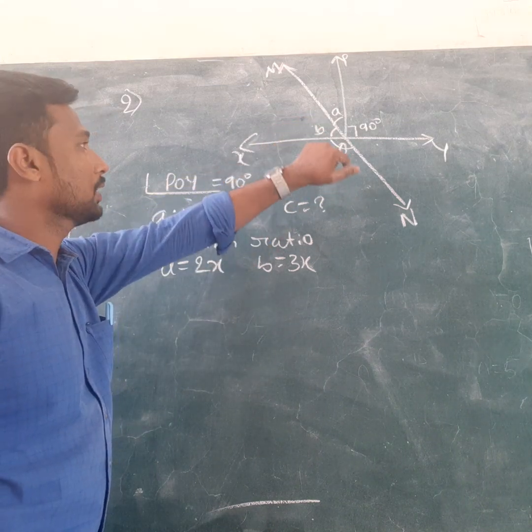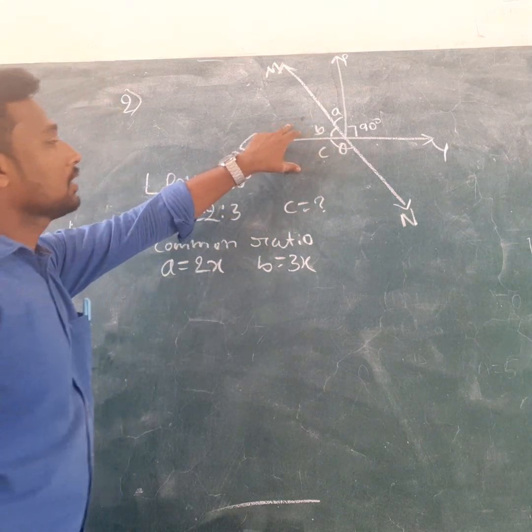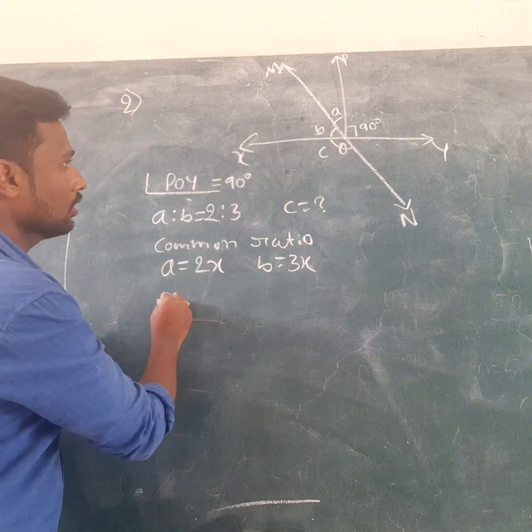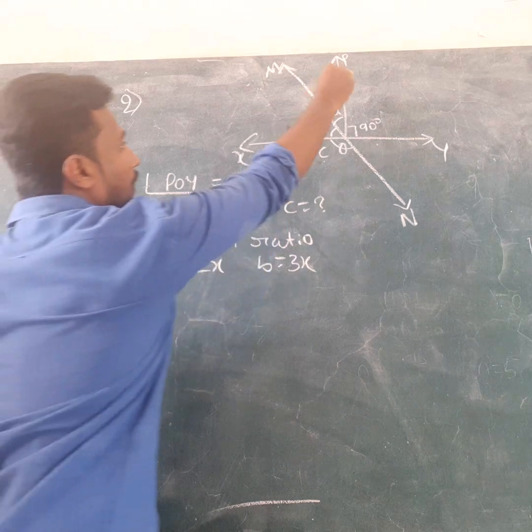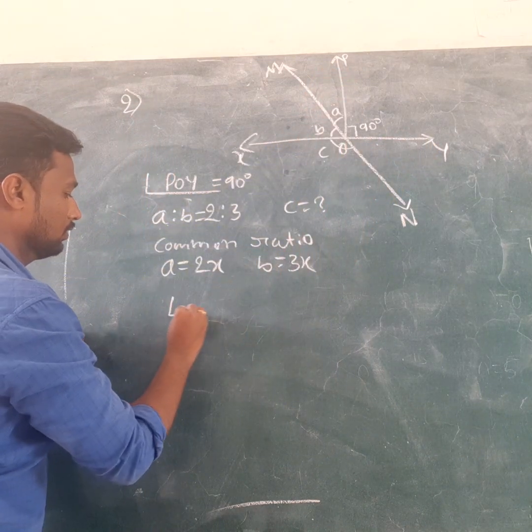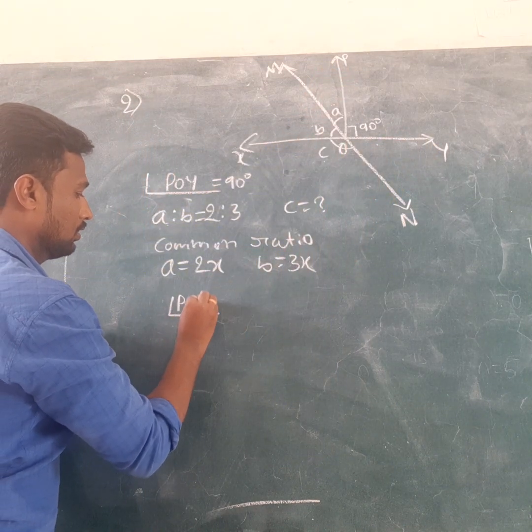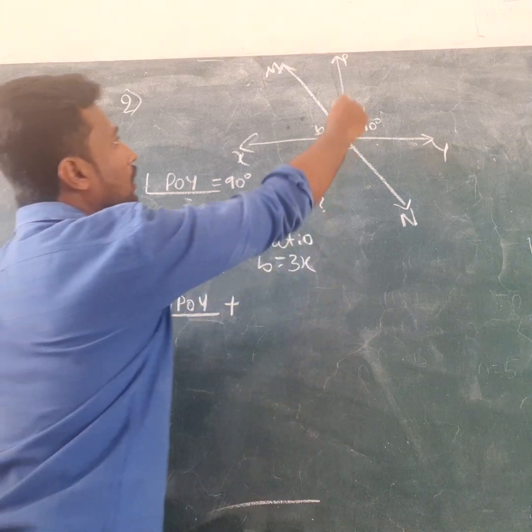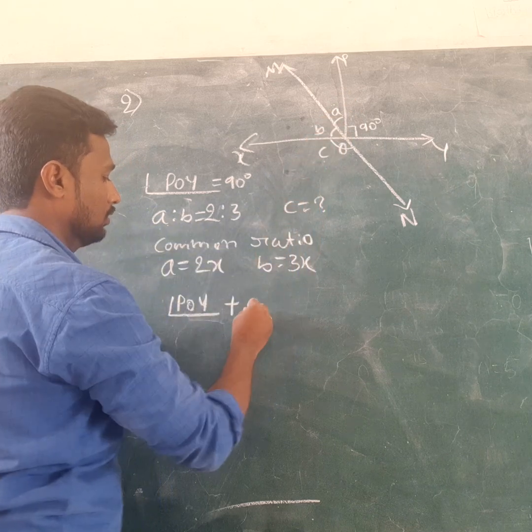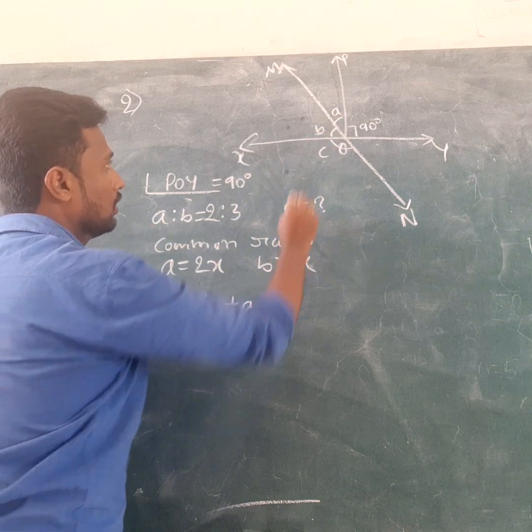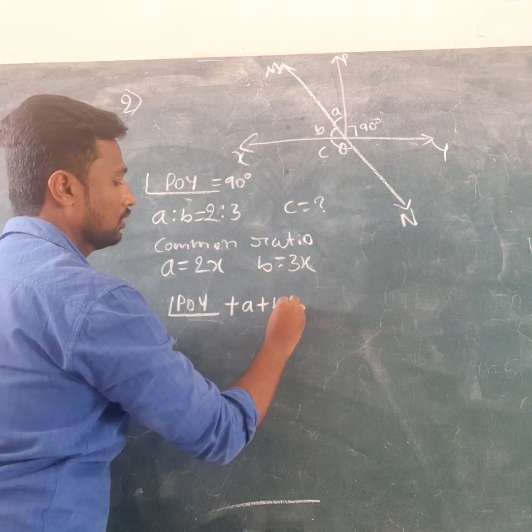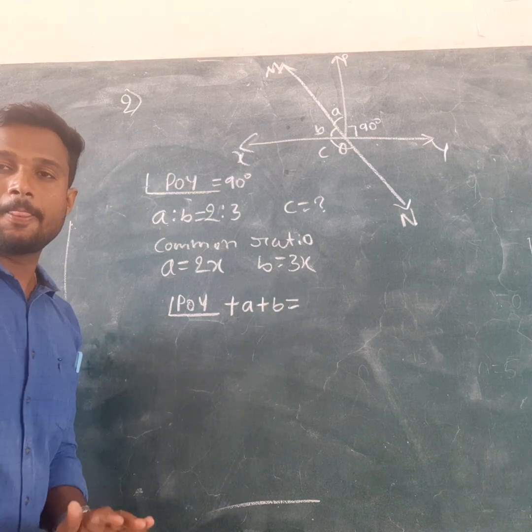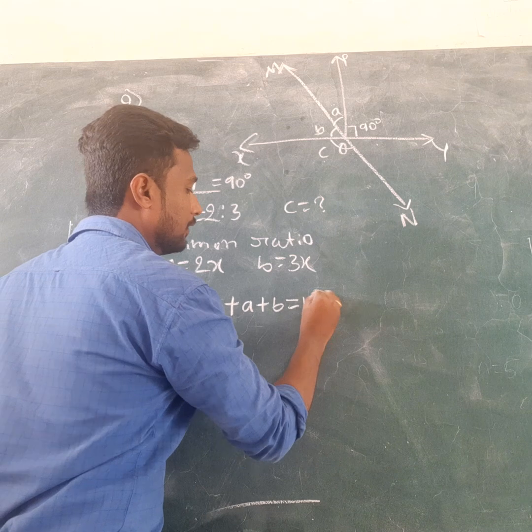makes a linear pair because there are three angles on the XY line. Angle POY plus angle A plus angle B is equal to how much? What is the value? 180 degrees.